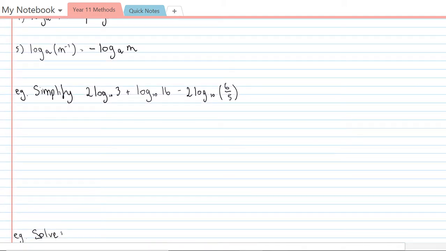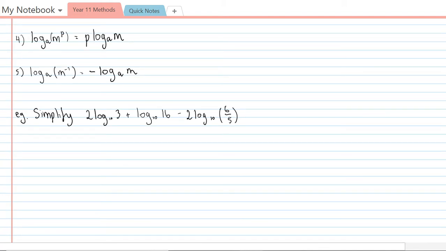So if we have a look at this question here, simplify 2 log 10 of 3 plus log 10 of 16 minus 2 log 10 of 6 on 5. So first thing I want to do is make it so that there are not any numbers out the front of these. So using the fourth log law, I'm going to move the number from out the front into the power.